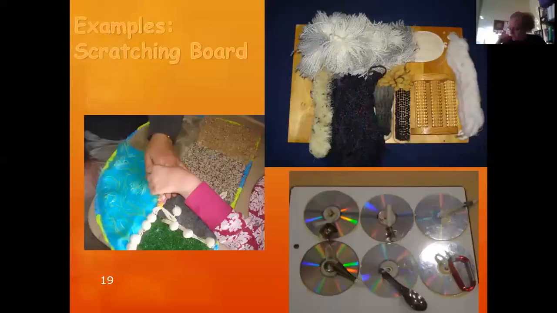The next piece of equipment is called a scratching board, and as you can see on that left-hand side there, the TVI is using a hand-under-hand technique with an older student. Sometimes what I'll see people do is put these scratching boards in front of kids and then not give them any tactile modeling strategies, so then the child doesn't even know that it's there, and they're not sure what they're supposed to do with the objects.